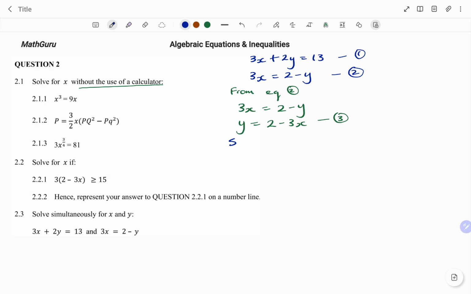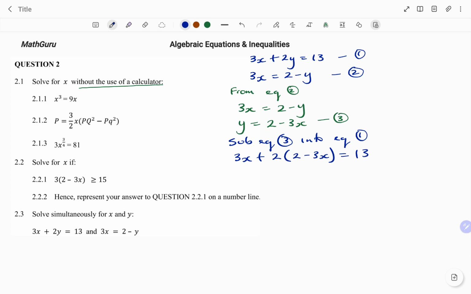So substituting equation 3 into my first equation, every occurrence of y I replace with 2 minus 3x. So I have 3x plus 2 in bracket 2 minus 3x equals 13.